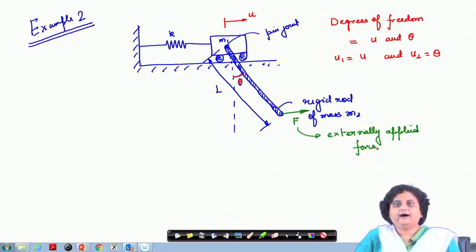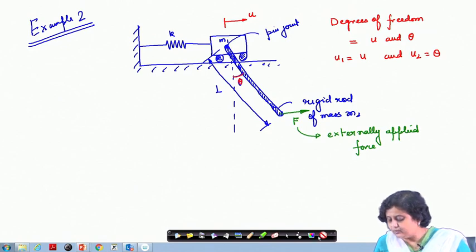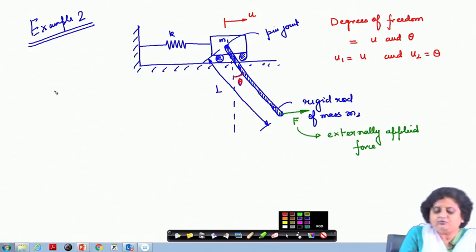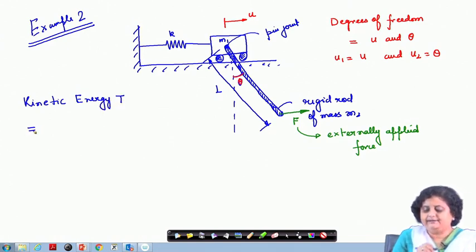Now, let us see how to find out the equation of motion. Before finding the equation of motion, as we are aware, we need to find out the kinetic energy and the potential energy. What is the kinetic energy?